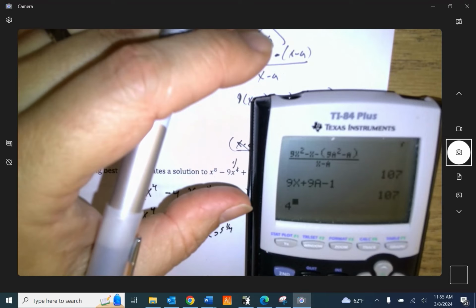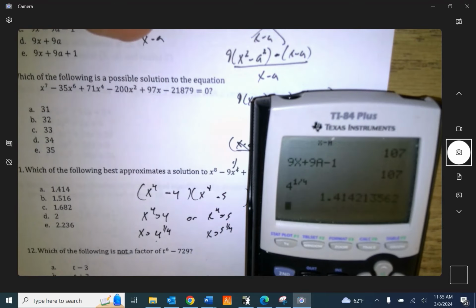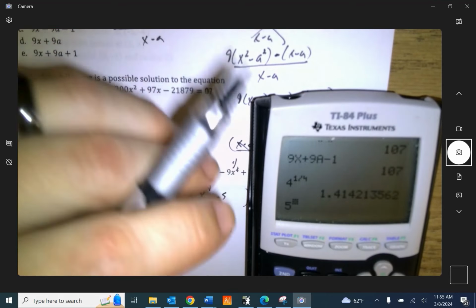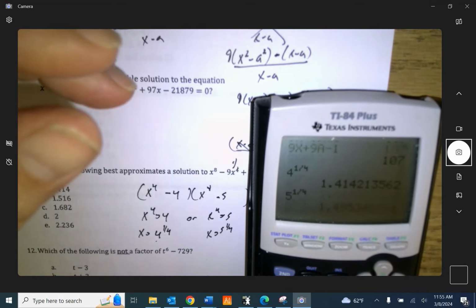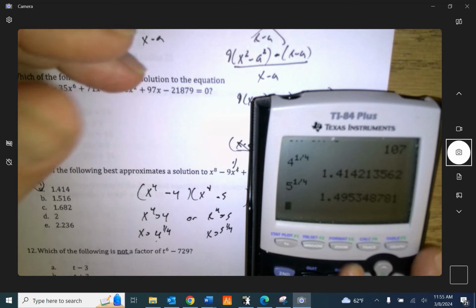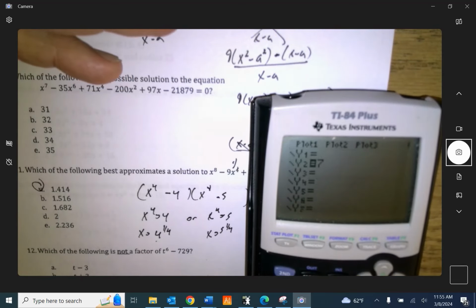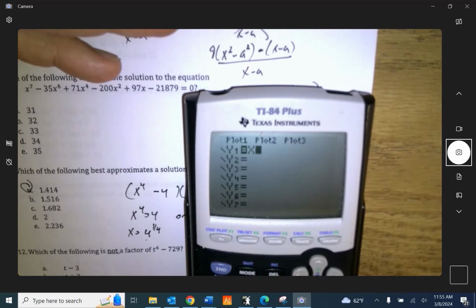But if I take 4 to the 1/4, I get 1.414. If I take 5 to the 1/4, I get 1.499. And I'm sure that if you looked at this on a graph, you'd be able to do it. It's a legit y1, y2 problem.